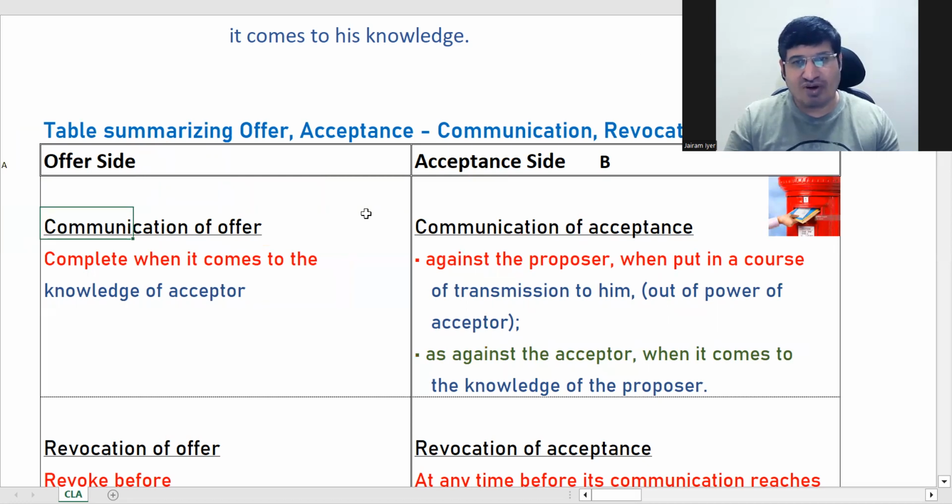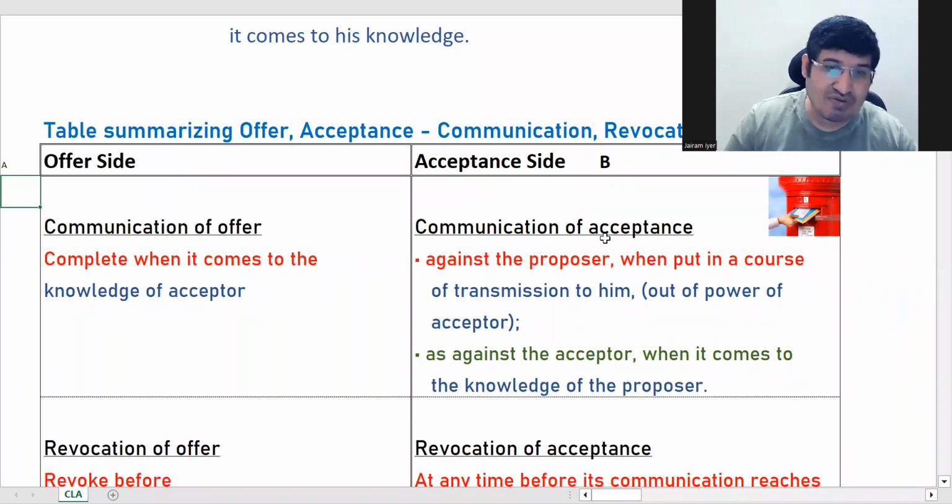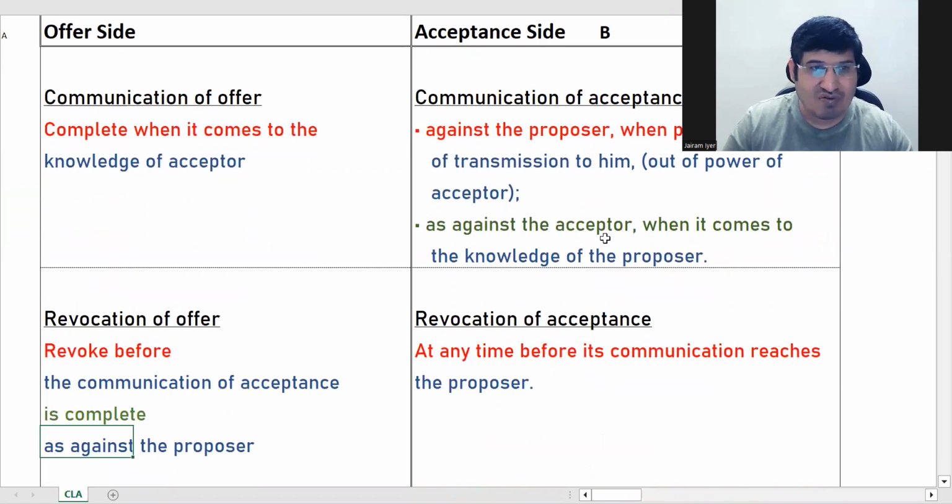So here what we have talked about is communication, not the offer or acceptance themselves: communication of offer, communication of acceptance. Now, what is the importance of communication of offer or acceptance? The importance is for revocation. So the second point is revocation of offer and acceptance. Here, the offer can be revoked before the communication of acceptance is complete against the proposer.